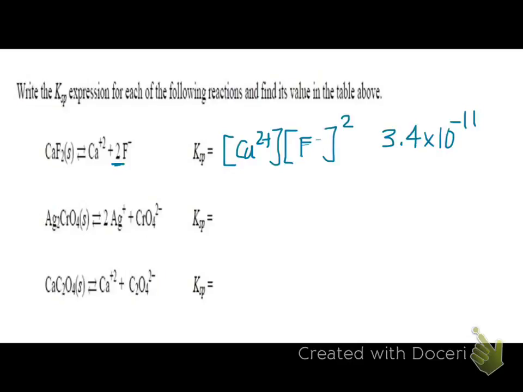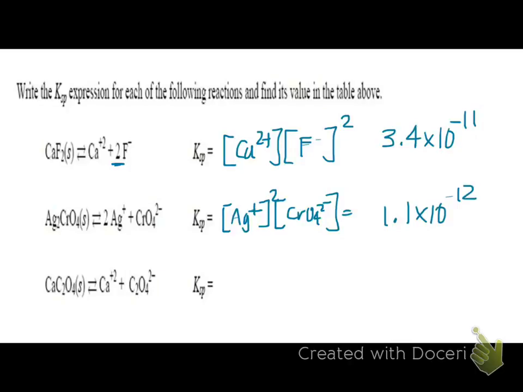For silver chromate, Ksp is equal to [Ag+] to the second power, and then the chromate, [CrO4 2-]. When we look that value up, we see that it is 1.1 times 10 to the negative 12.